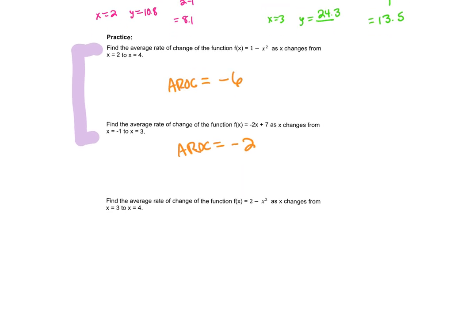If you guys tried that last one, it should be -7. Should we go through with any of those? Positive and negative signs that you have to just be so careful with, right? Your points here should be 2, -3, and 4, -15. And your points here are -1, 9, and 3, 1. How'd we do?